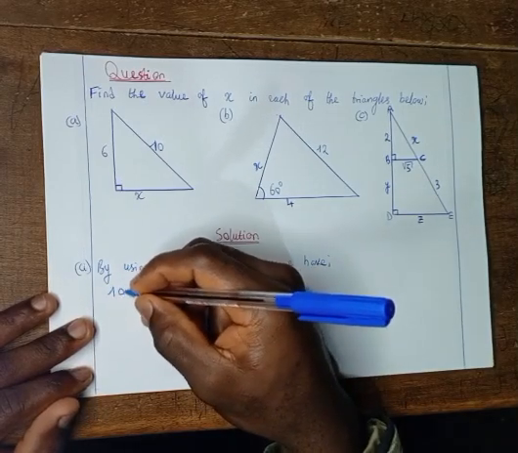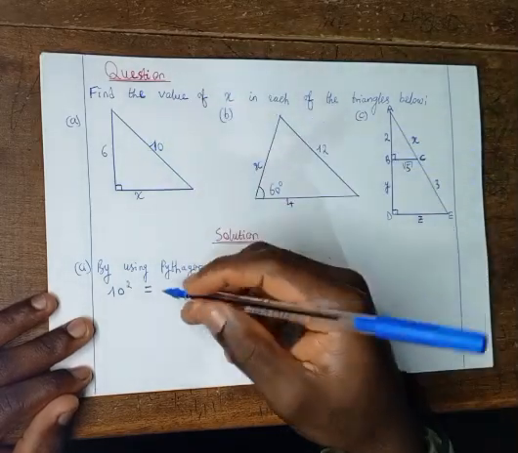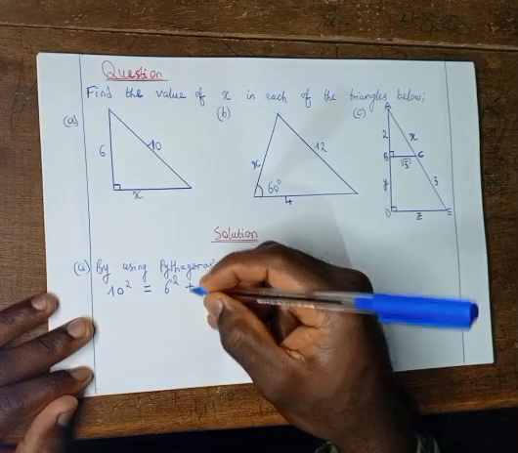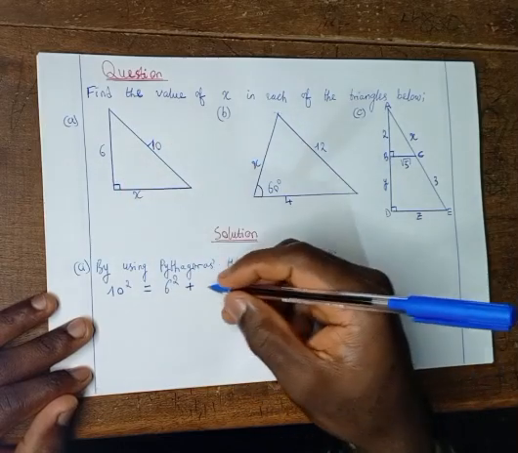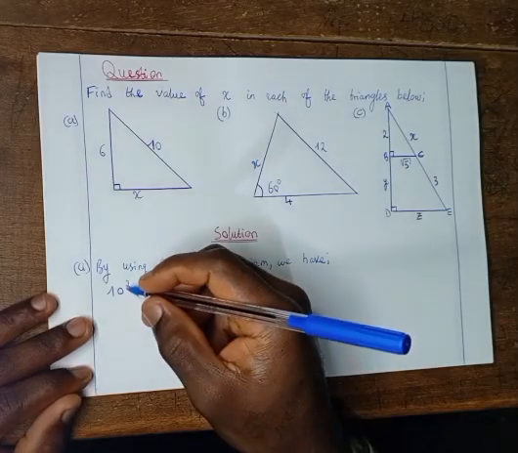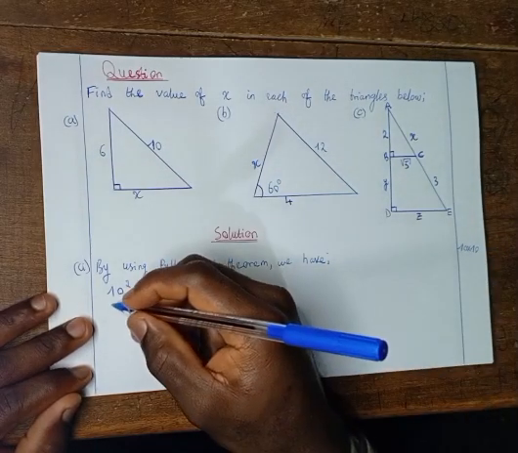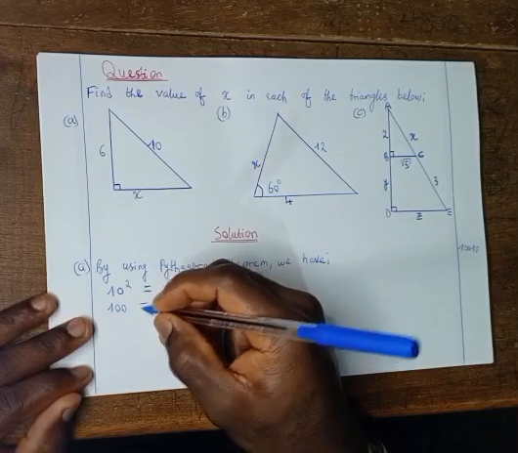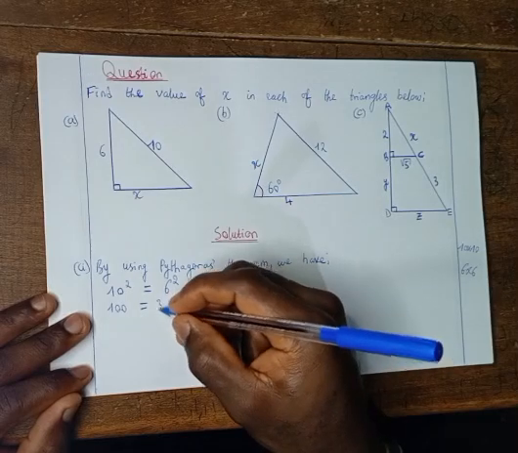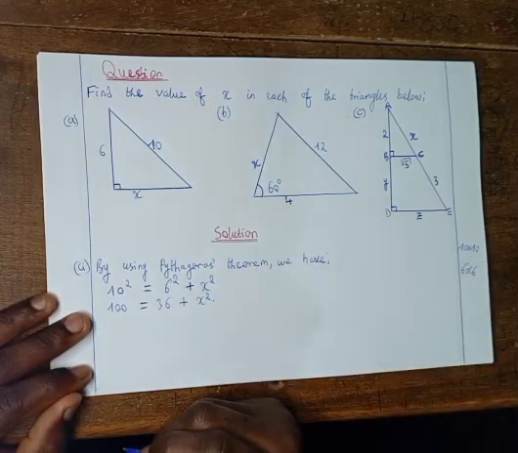This will give us 10 squared equal to the height squared, this is the height, 6 squared, plus the base squared, x squared. So 10 squared is simply 10 times 10, which is 100, equal to 6 squared, which is 6 times 6, which is 36, plus x squared.